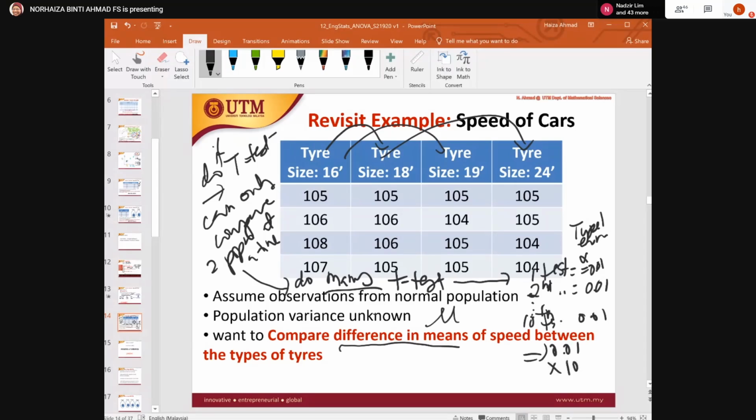So that is a lot of error. Eventually you get 0.1, so 10% error.